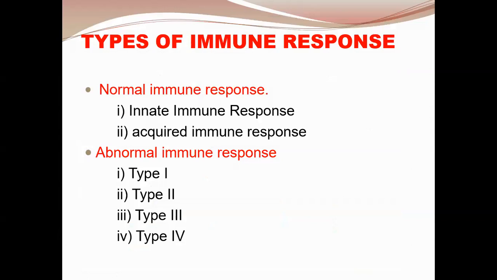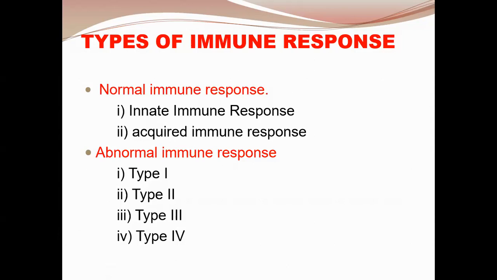Now, when you look into the various types of immune responses, there are normal immune responses and abnormal immune responses. The normal immune response is further divided into innate immune response and acquired immune response. The abnormal immune responses are also called hypersensitivity reactions.